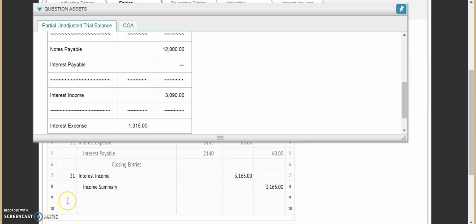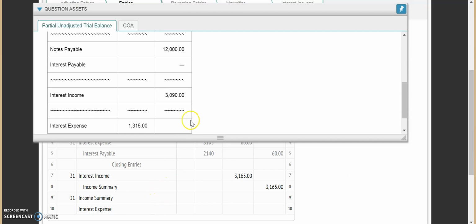Let's do the same thing for our interest expense. Remember that interest expense has a normal debit balance, so in order to close it, we'd have to credit it. So interest expense is actually going to go here, and income summary is what's going to be debited, because it's the opposite of what we just did up here.